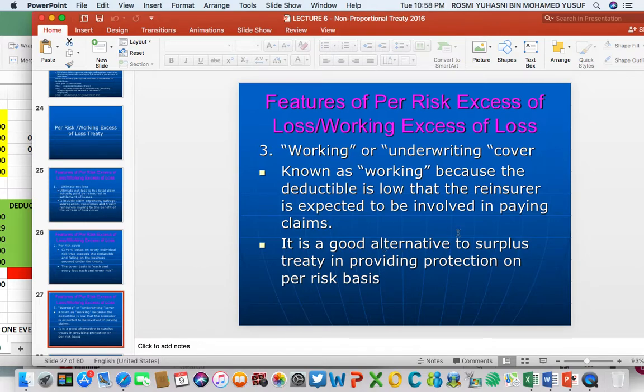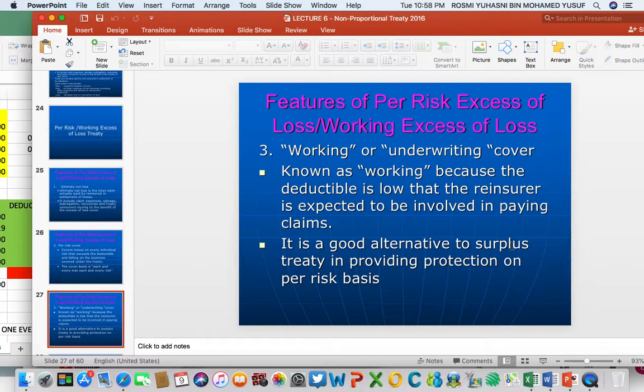And it is a good alternative to surplus treaty in providing protection on a per risk basis. So this is like an alternative. If the insurer doesn't want to use surplus treaty or proportional reinsurance, they can choose working excess, or per risk excess of loss, instead of using surplus reinsurance.